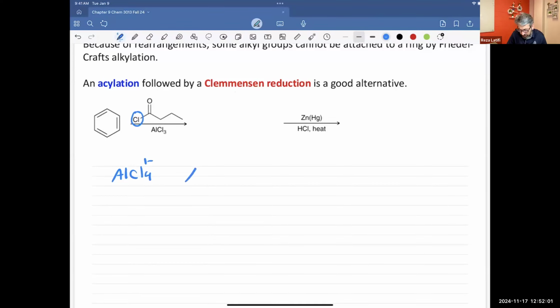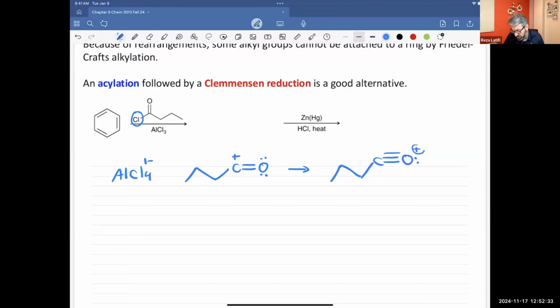Next, we will have 1, 2, 3, and that's going to be carbon. I'm supposed to have a positive charge here, and oxygen is supposed to have two lone pairs on it. Oxygen is going to try to stabilize the carbocation, and it will give us such a compound.